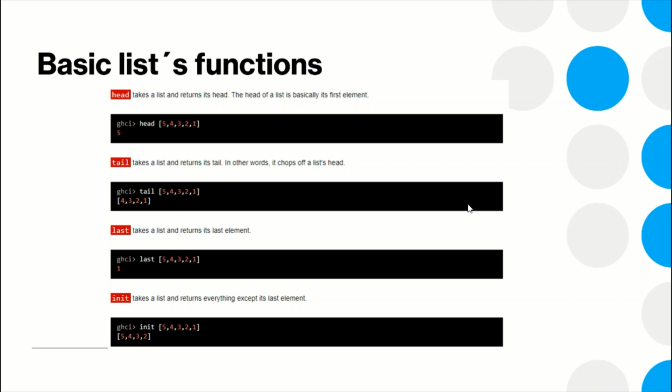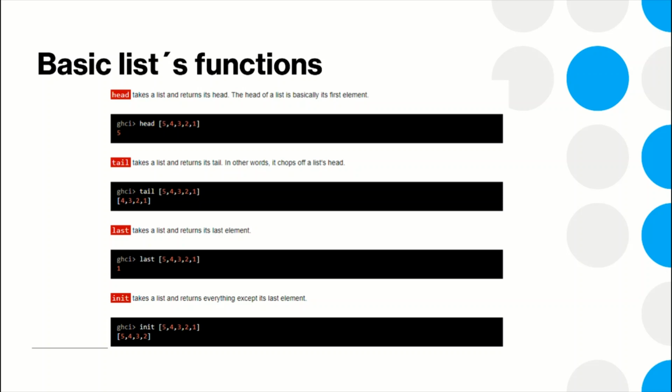So some basic functions that we can use with lists that are defined in the Haskell language are the head function that takes a list and returns its head. The head of a list is basically its first element.